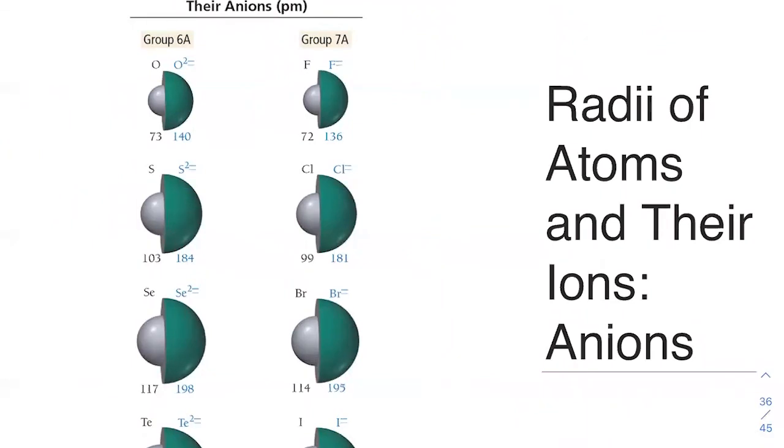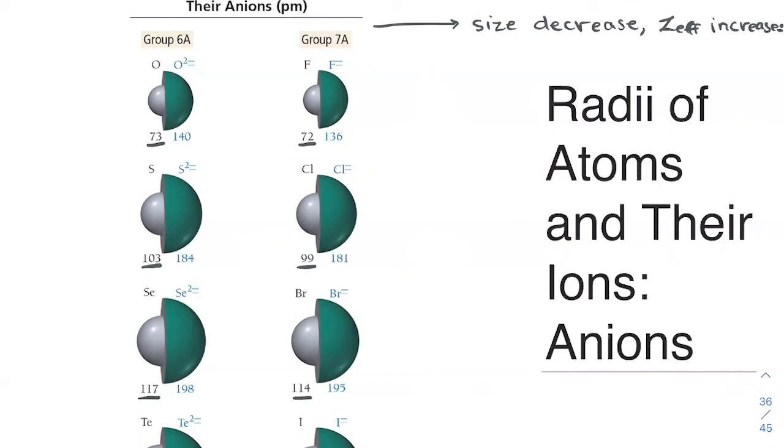Here again, we see the other half of the periodic table, group 6A and 7A, or 16 and 17. As we again move from left to right on the periodic table, we see that size decreases because the Z effective is increasing. Electrons are being held tighter, more attraction, and therefore they are closer to the nucleus.